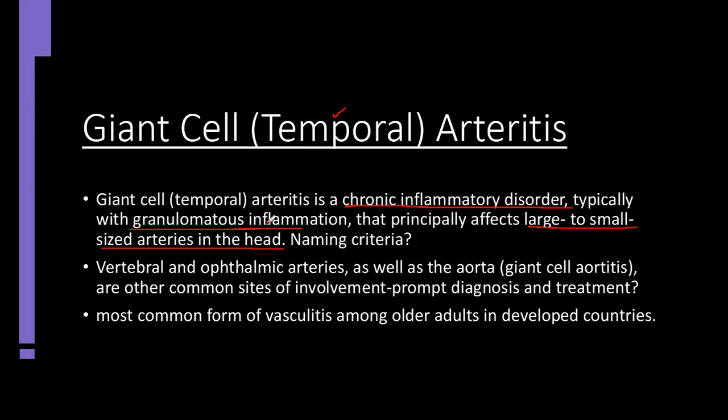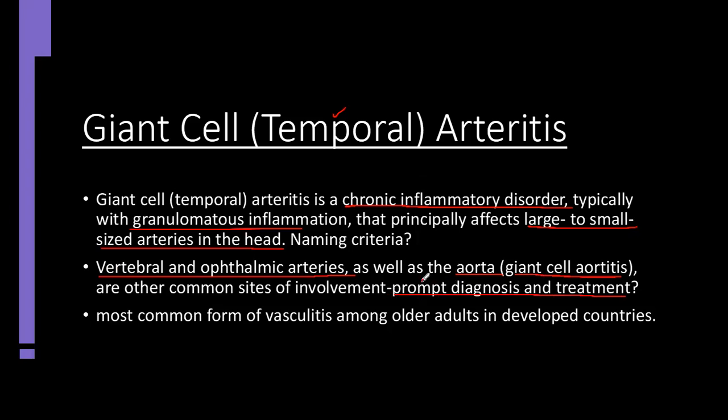Now, vertebral and ophthalmic arteries can also be involved. Also, it can involve the aorta, and in this case, it will be known as giant cell aortitis. Okay. So why should you carry out a prompt diagnosis and treatment?